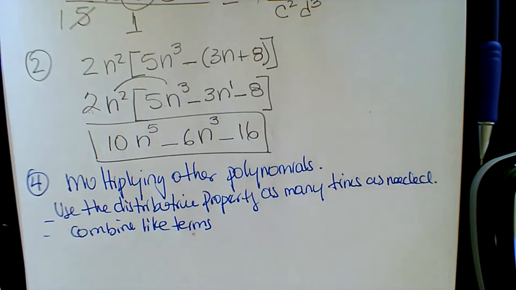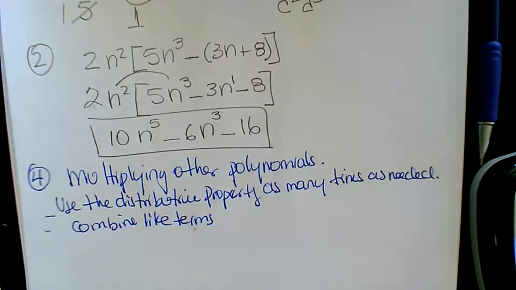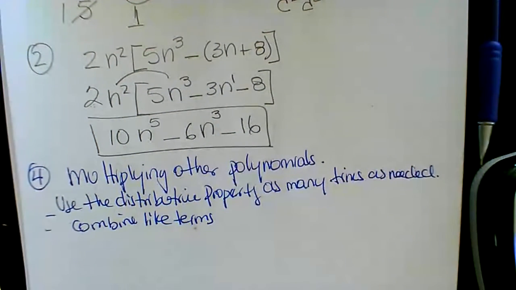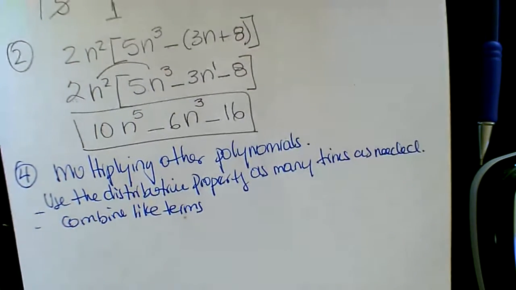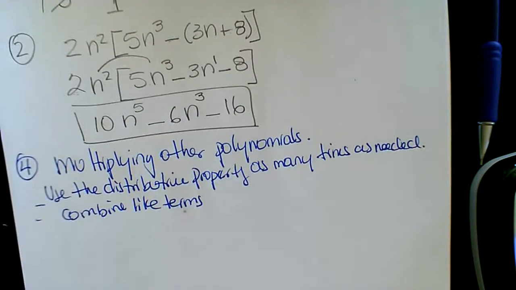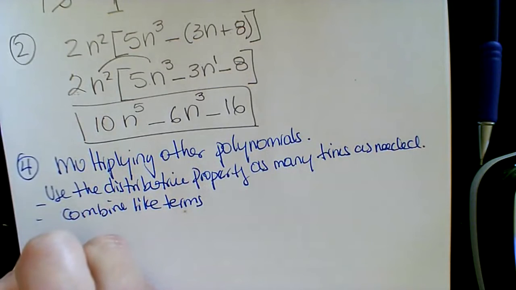I do prefer to do it in vertical. I would like to do it because I save space and I line up the like terms as I go. So I'll write it down. You don't have to.